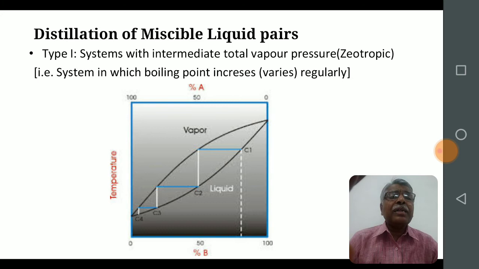If we heat that C2 solution again, it will boil at its corresponding boiling point, and again the vapors become richer in component A. If we repeat this distillation and condensation, we will obtain pure component A in the distillate, while the liquid residue becomes more and more rich in component B. By repeated distillation and condensation, we will obtain two pure components, one in the distillate and another as liquid residue.